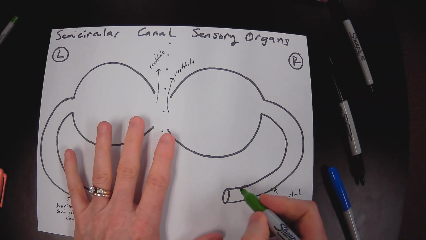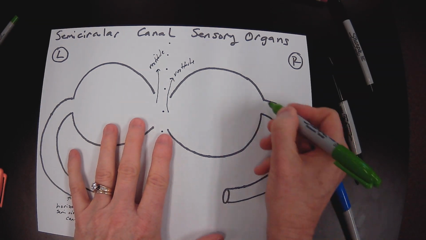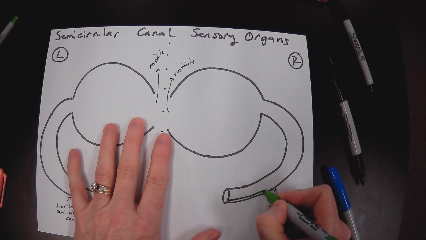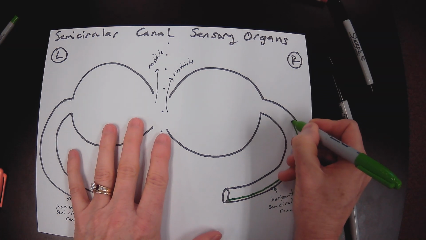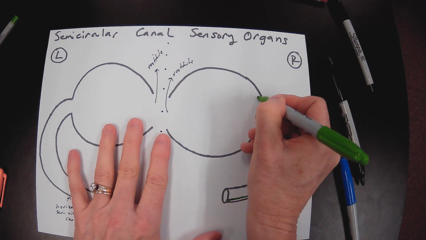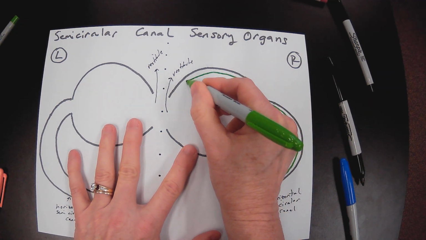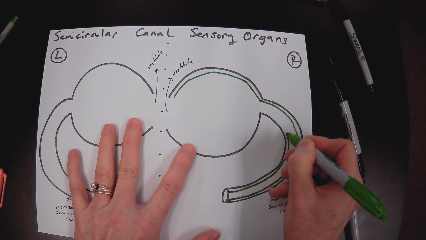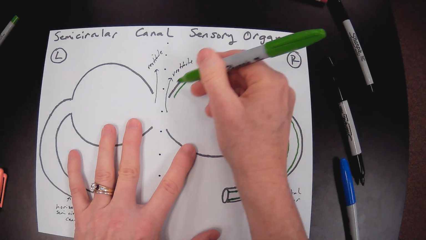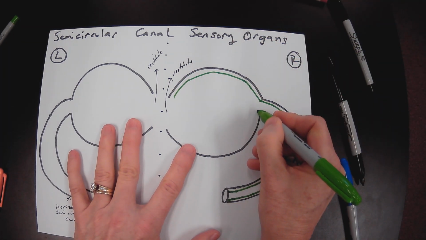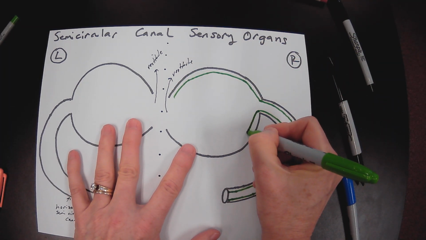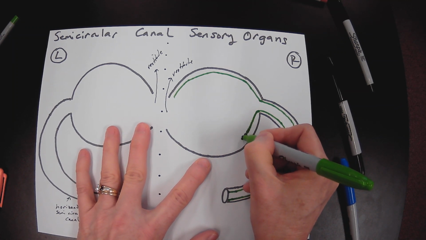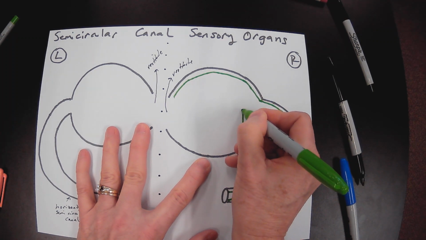So inside, I'm going to start drawing inside my bony labyrinth, which I depicted here. I have my membranous labyrinth, right? So I'm just going to draw my membranous labyrinth in here on the right side, and then the membranous labyrinth lines the semicircular canals, but then when you get to this big bony bulge, which is the ampulla, you have a situation where off of the membranous labyrinth, you have some cells.